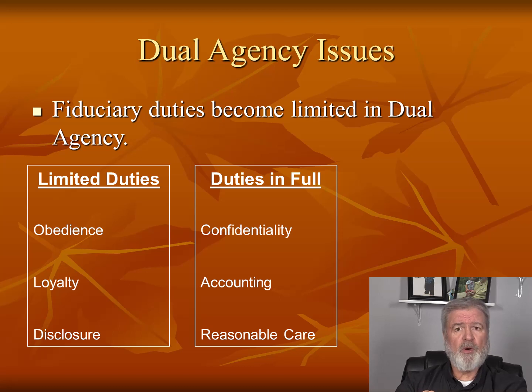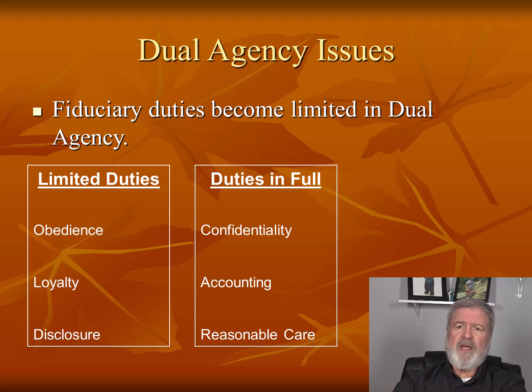And I would remember what these 3 are. You see them listed here, but the first limited duty is obedience. Buyer, seller, I will be limited on how much I can obey on what you tell me to do or not do. And here's really the gist behind these limitations.